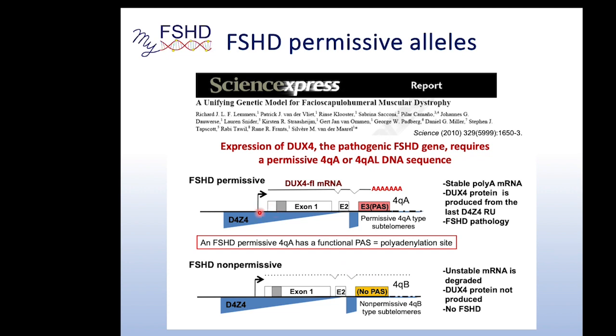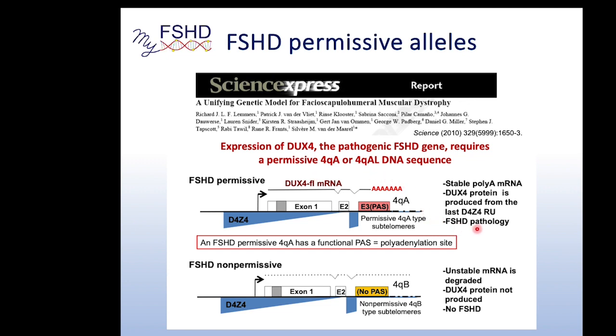And so what goes on is when you have the contraction and the epigenetic dysregulation, the DUX4 gene is able to be turned on. The RNA polymerase transcribes the DUX4 gene, makes the mRNA that is spliced and processed. And then you need this polyadenylation signal, this little sequence. It's a 5-base sequence that tells the transcription machinery to basically stop and add on this string of 15 to 20 A's, polyadenylation. And this is important because this stabilizes the mRNA and allows the mRNA then to be transported to the cytoplasm and bound up by the ribosomes and be translated into DUX4 protein, right?